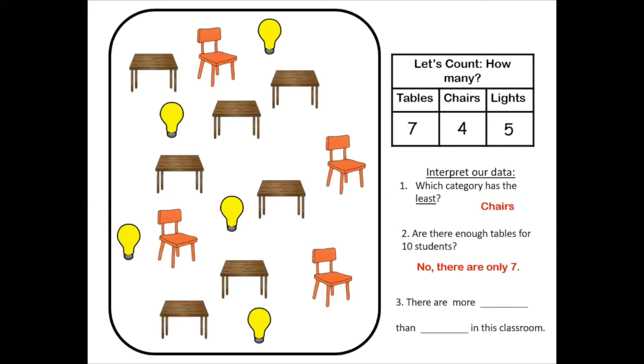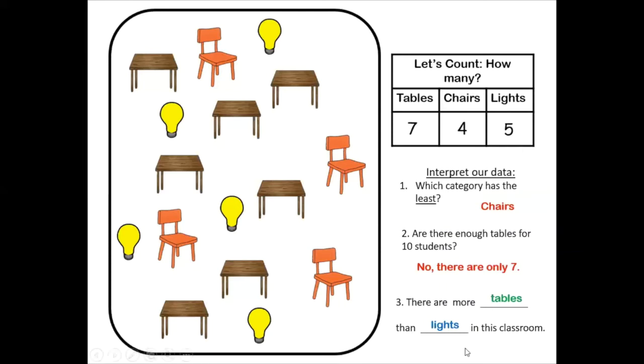That's a small class. All right, number 3, there are more blank than blank in this classroom. So that means we're going to fill in the blank using our data from our table. So which category has more? Right, tables do. So there are more tables than lights, because it's 7 than 5.